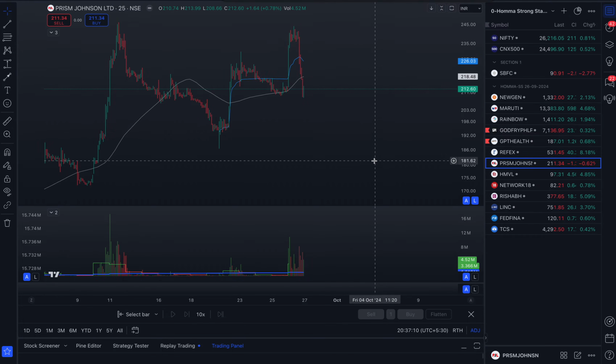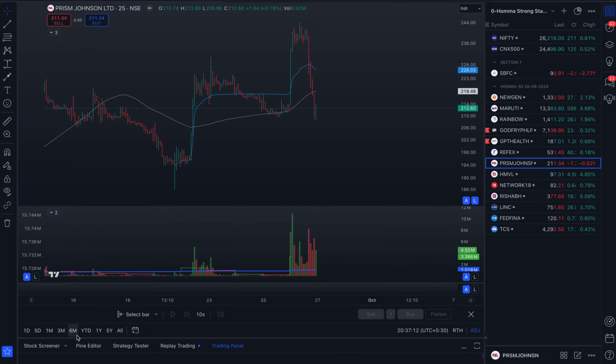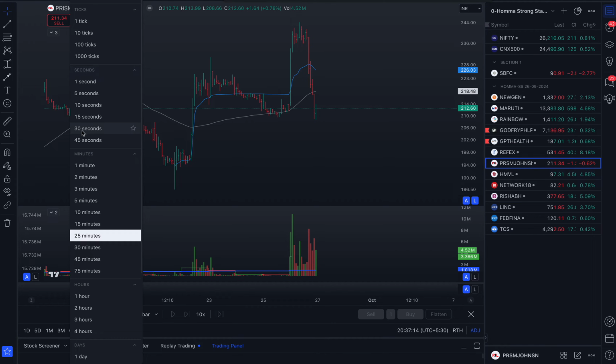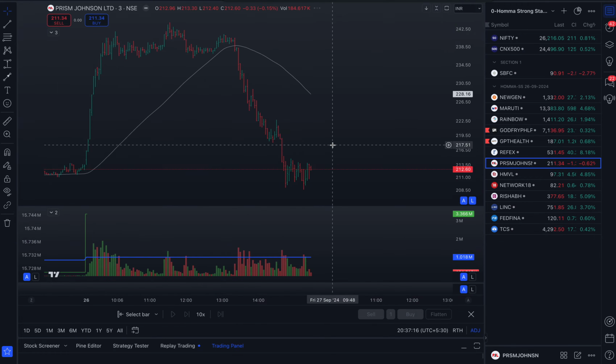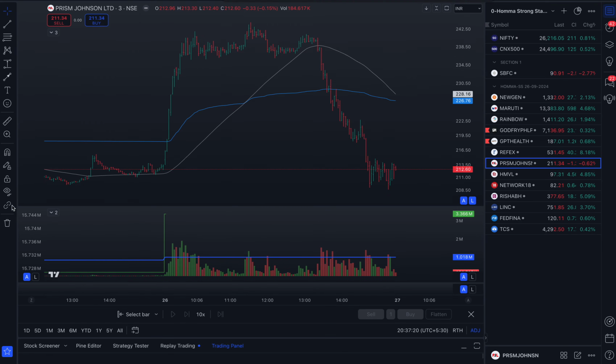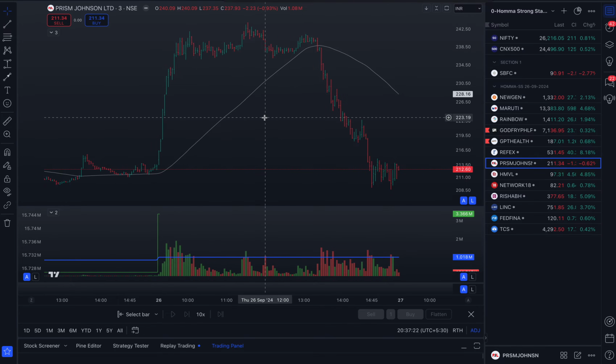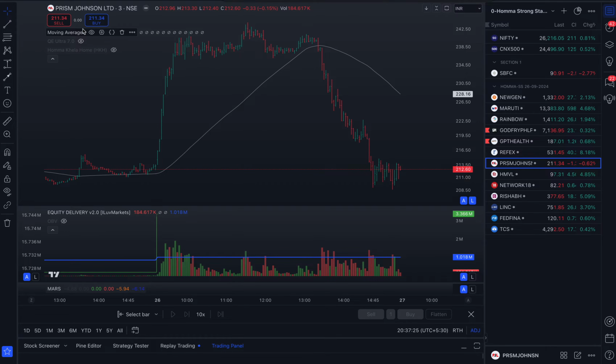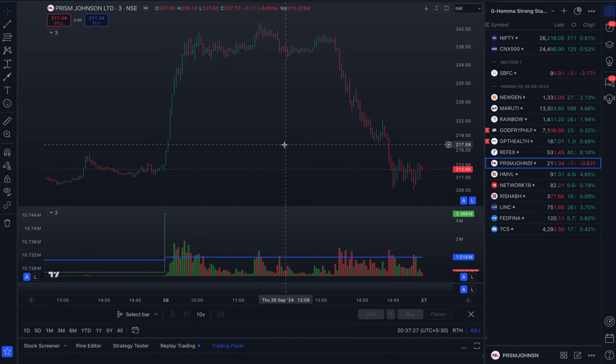there are other examples as well today. PRSM Johnson was a strong start. Okay, so another thing is, yes, any stock can be anchored on the open, but it's always better to see stocks wherein there is a strong start.